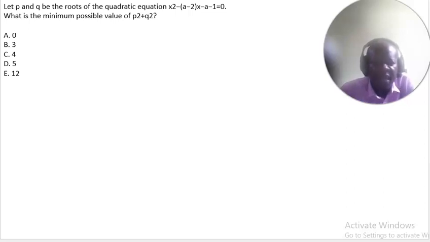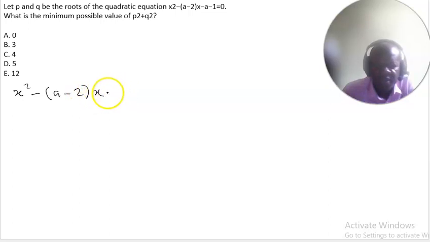Now let P and Q be the roots of the quadratic equation. Okay, so this is the quadratic equation: x squared minus (a minus 2)x minus (a minus 1) equals 0.